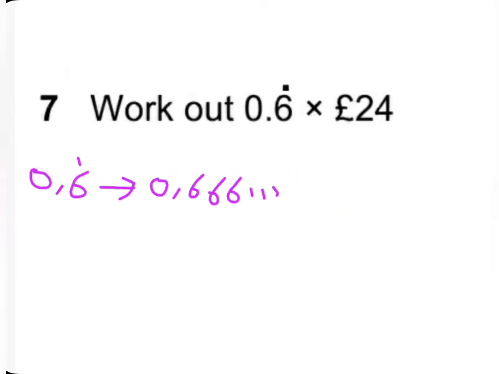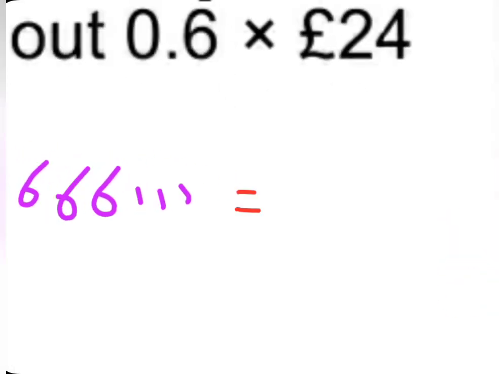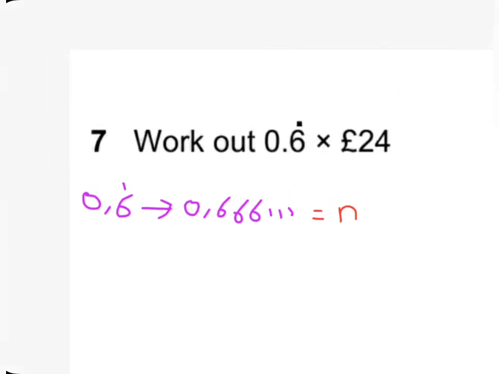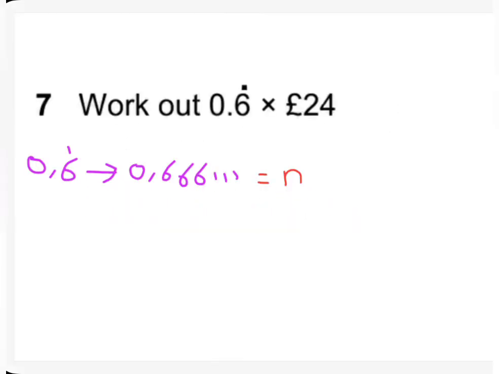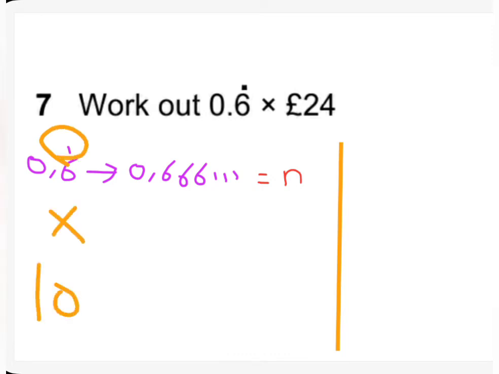It means it goes on. 6 doesn't stop. Now, the second step, we say this number is equal to n. Good. And then we make a line like this. Now, because we have one dot here, we're going to multiply by 10, okay? Remember this. If we have two dots, we multiply by 100. If we have 3 of them, we multiply by 1,000.